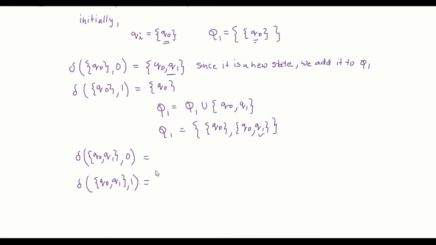And if new states are generated in this process, again those will be added, and the iteration will increase for that new state. So let's see. Now del of Q0 Q1 on 0 can be bifurcated and written, using the distributive property, as del of Q0 on 0 union del of Q1 on 0.